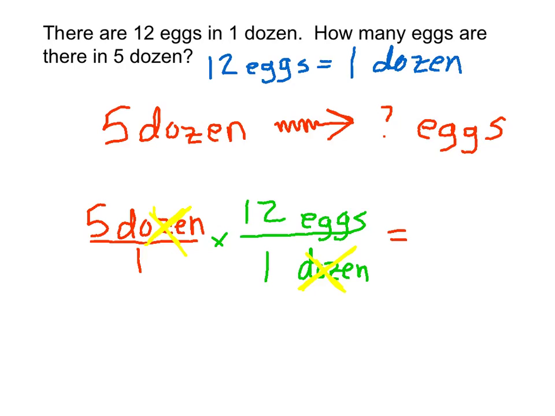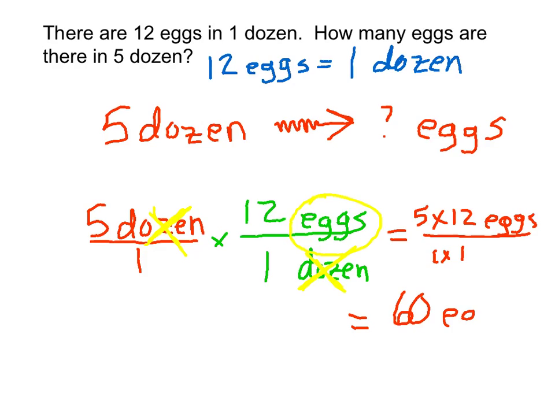And whatever doesn't cancel, I'm going to circle, because that's the unit I'm going to be left with. So up top, I'm going to have 5 times 12, and the unit's going to be eggs. And down below, I'm going to have 1 times 1, which is just 1, and there's no unit. This is the same as 60 eggs.